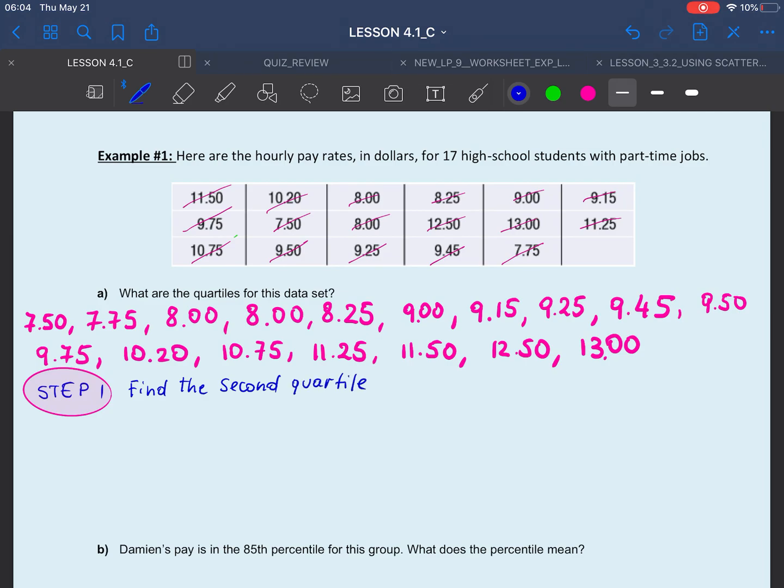And for short, we're going to use some acronyms in here. Who wants to write quartile all the time? So we're going to write Q2 for the second quartile. Now remember that the second quartile is always the median of your data set.